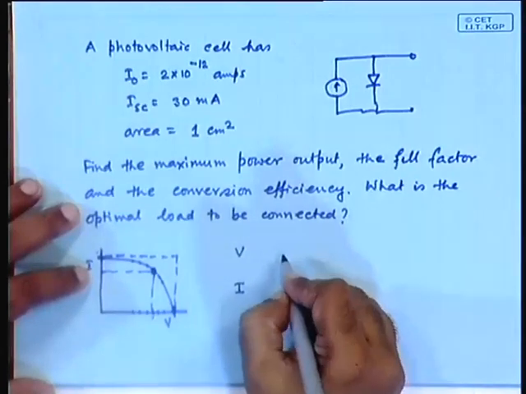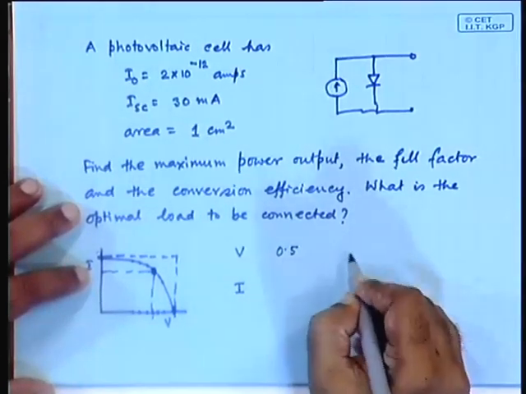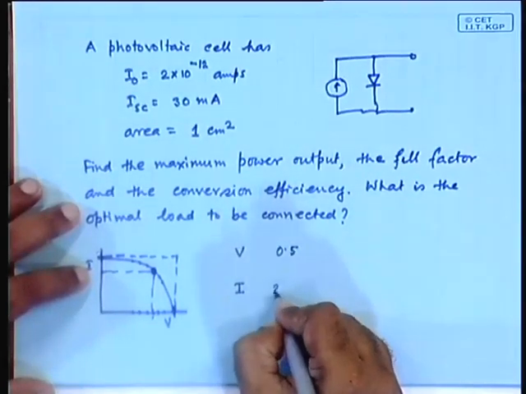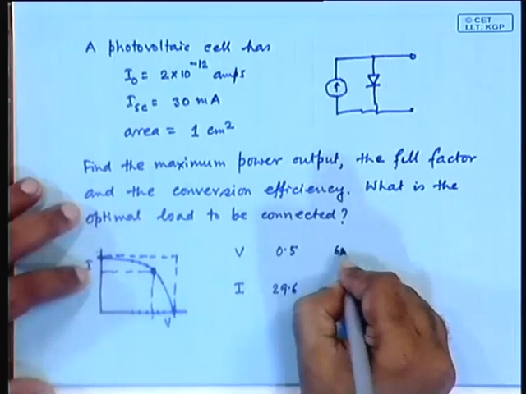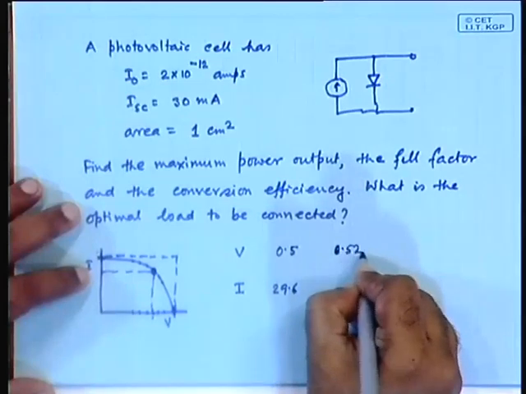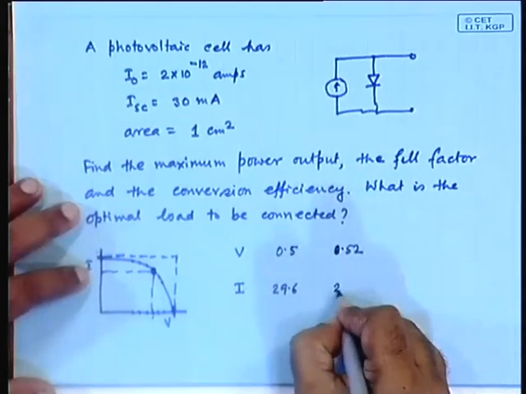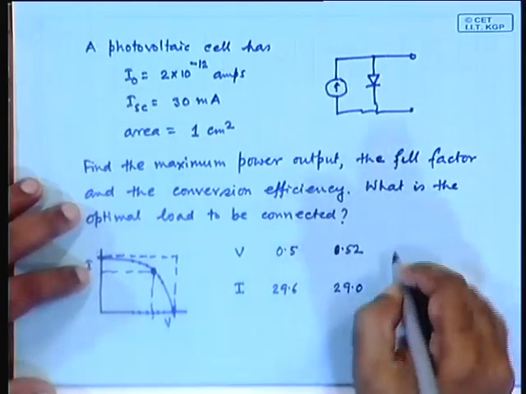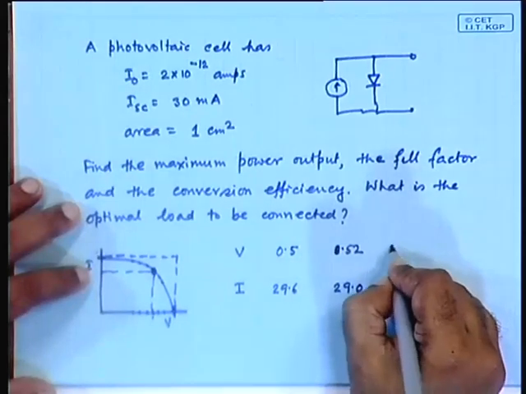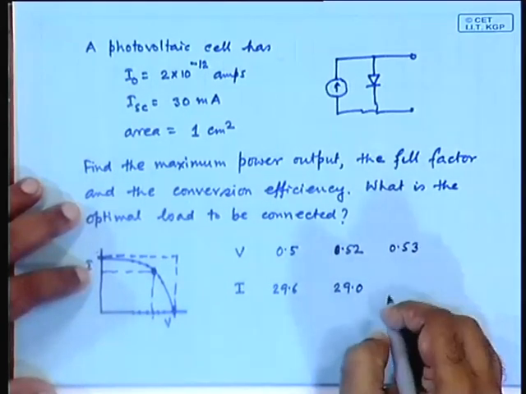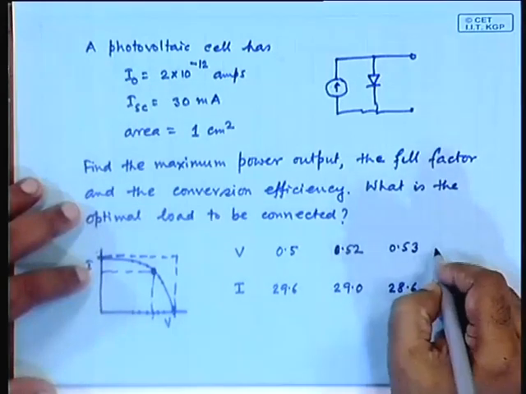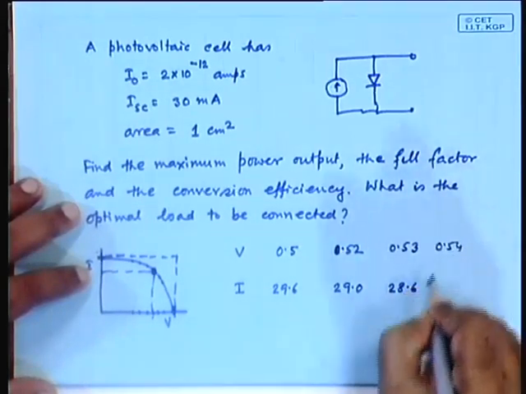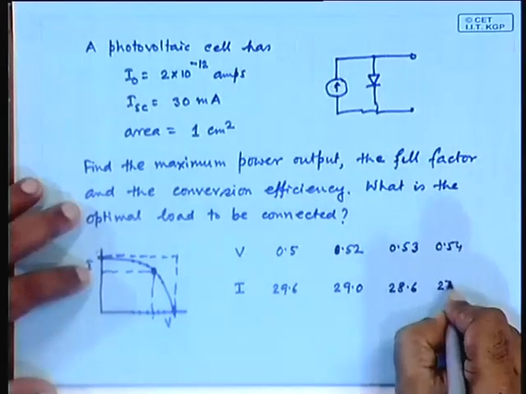You will get for 0.5 volt it is 29.6 milliampere, 0.52 you will get 29.0, then 0.53 you will get 28.6, 0.54 you will get 27.9.